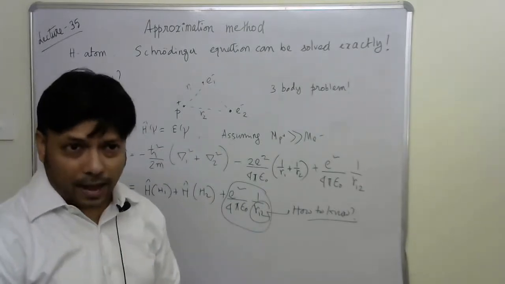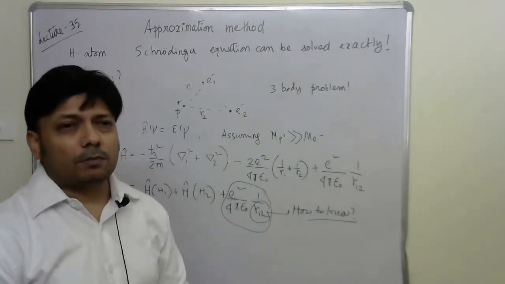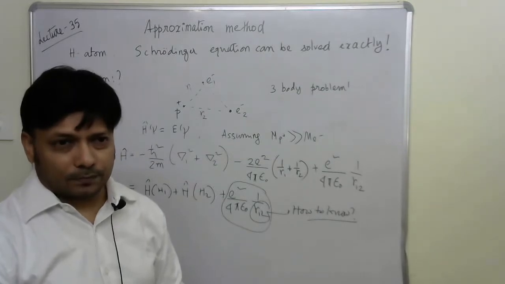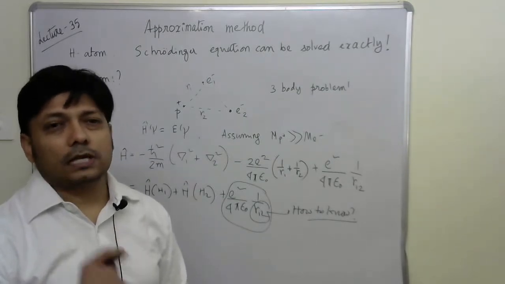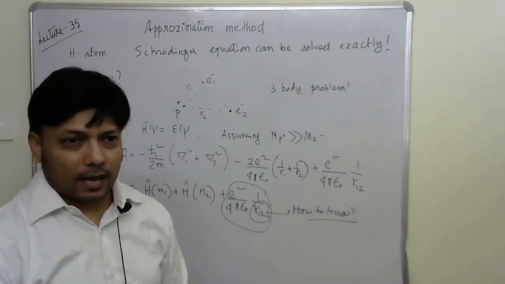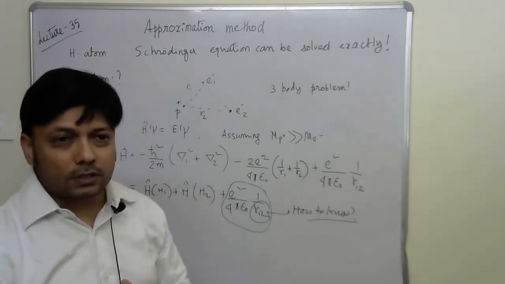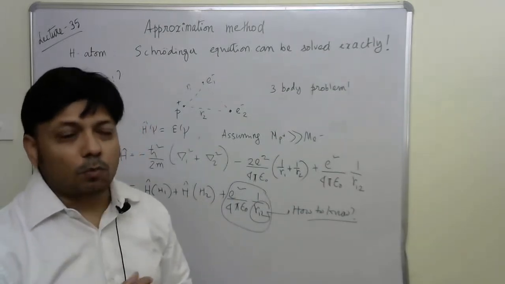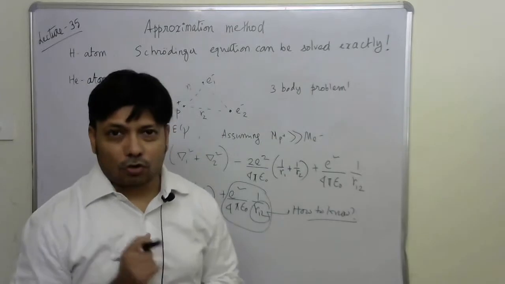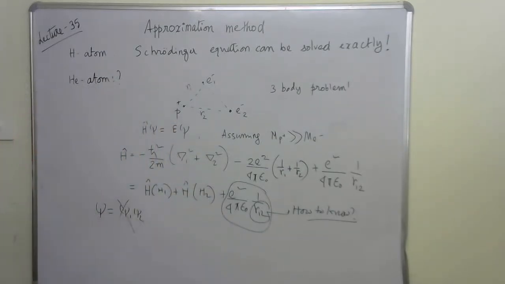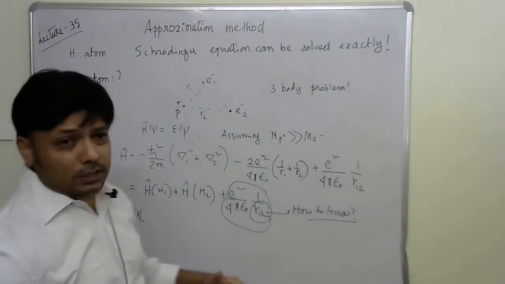And as a matter of fact, the hydrogen atom is the only system where the Schrodinger equation can be solved exactly, and from the helium atom onwards it is not possible to solve the Schrodinger equation in an exact fashion. So the question is, what now?